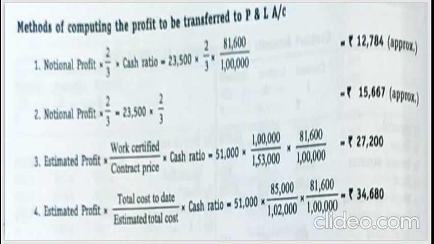How did you get 1,02,000? It is your 17,000 estimated cost plus the expenditure you have incurred, so it is the estimated total cost. This into cash ratio, which is cash received 81,600 divided by work certified 1 lakh, will give you rupees 34,680.